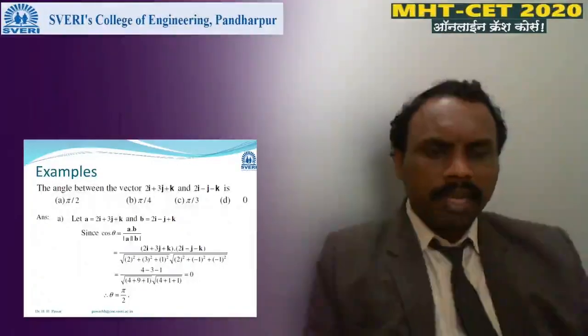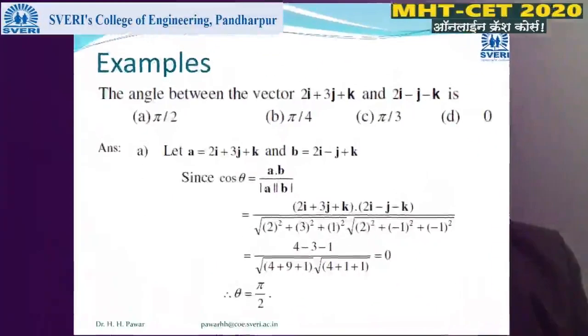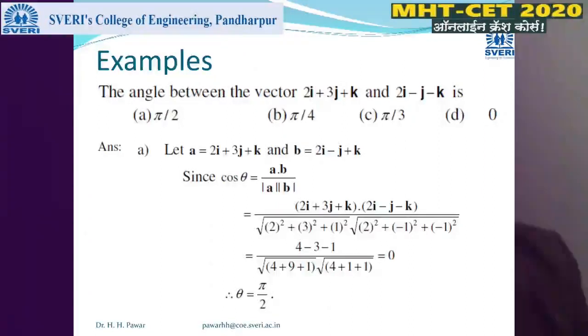Then put the values of a, b, and modulus of a bar and modulus of b bar, which gives us the dot product of 2i plus 3j plus k and 2i minus j minus k divided by the square root of 2 square plus 3 square plus 1 square, and the square root of 2 square plus minus 1 square plus minus 1 square, that is the square root of 4 plus 9 plus 1 divided by 4 plus 1 plus 1.